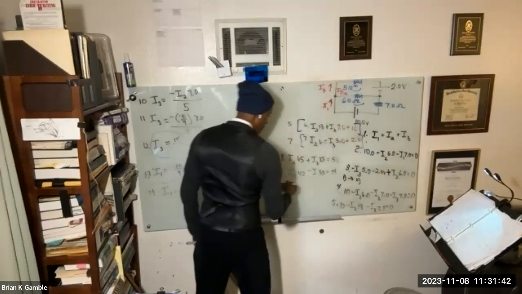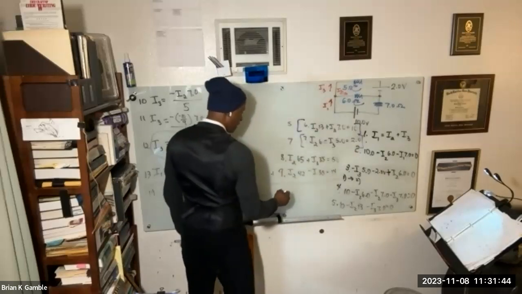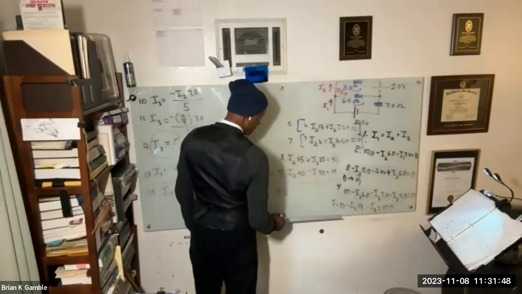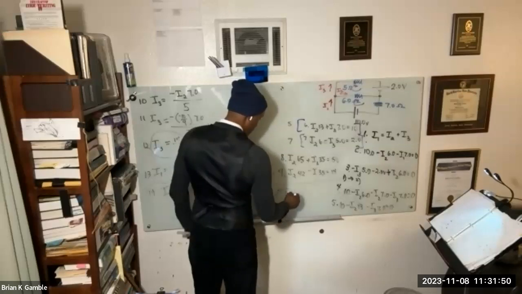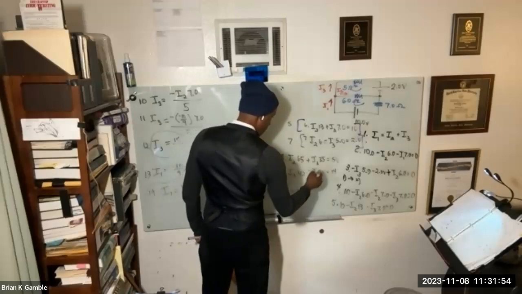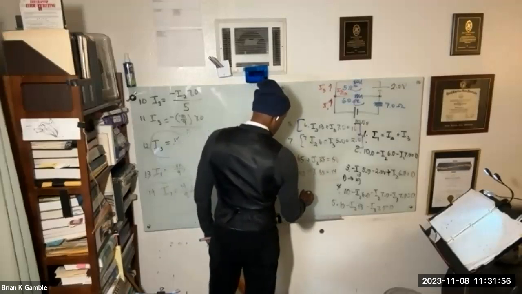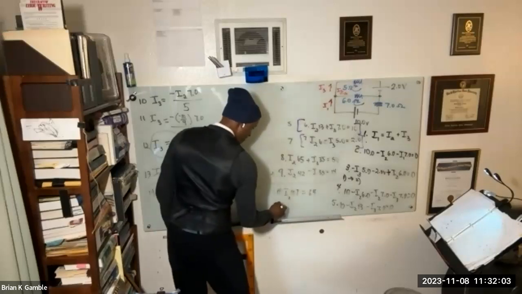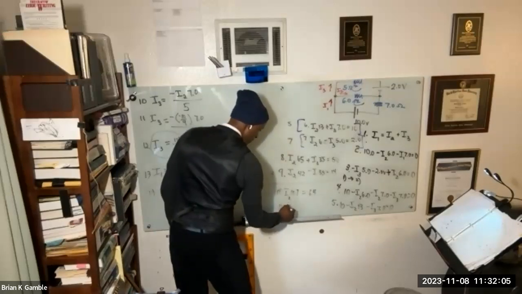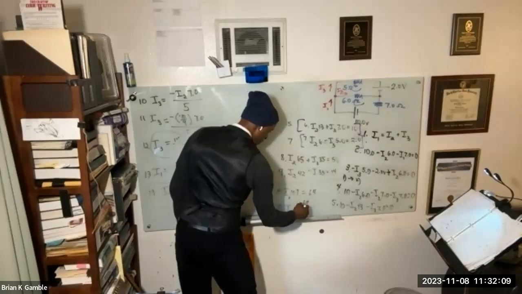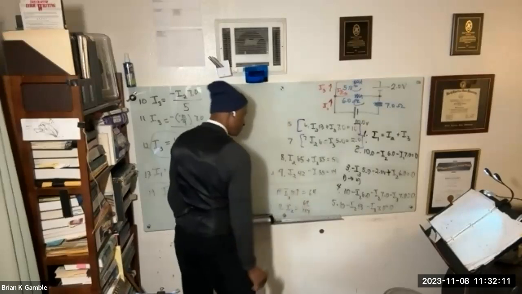And now you just add the two equations, and I get I2 times 107, and then that's 0 for the I3, and this equals 64. So I2 then is equal to 64 over 107.